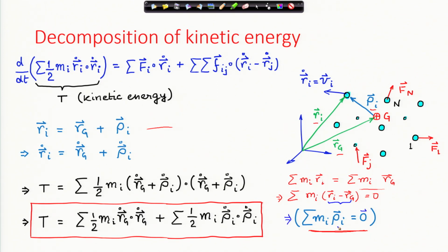This condition when you use here, and because summation of m I rho I is 0, therefore summation of m I rho I dot is also 0. So, when you use all these conditions, you come to the second step from the first step.